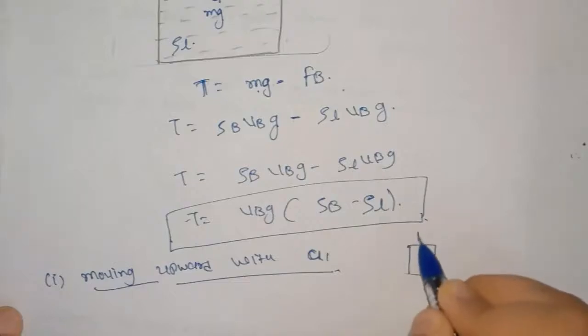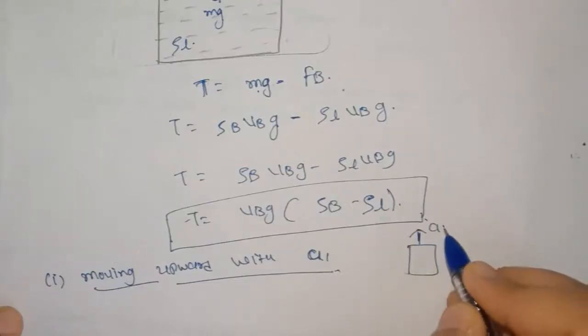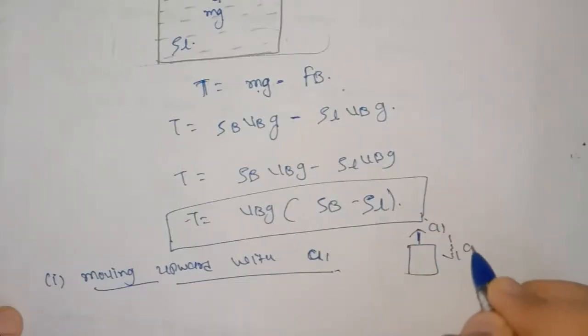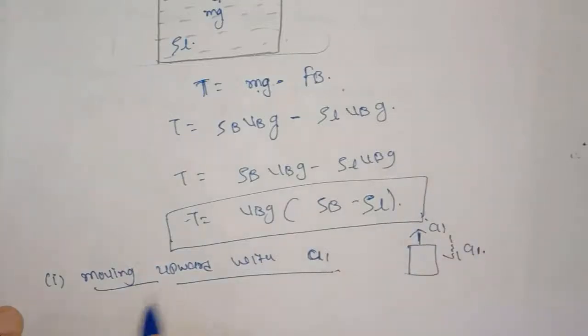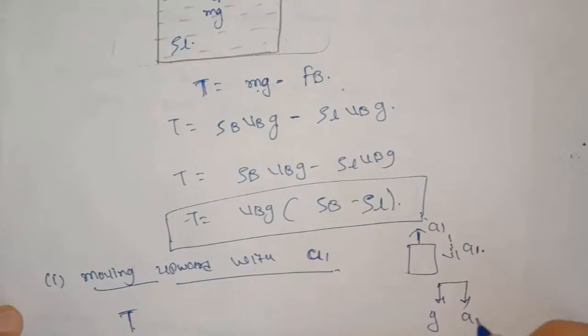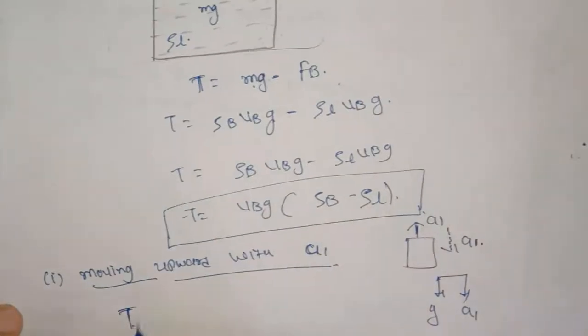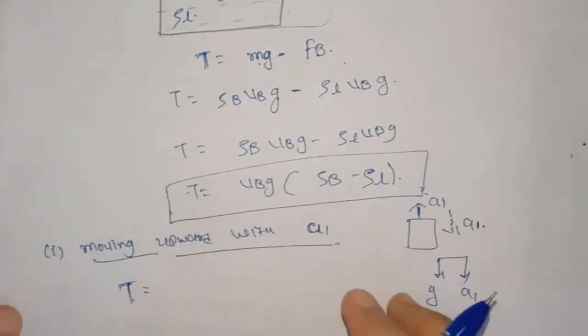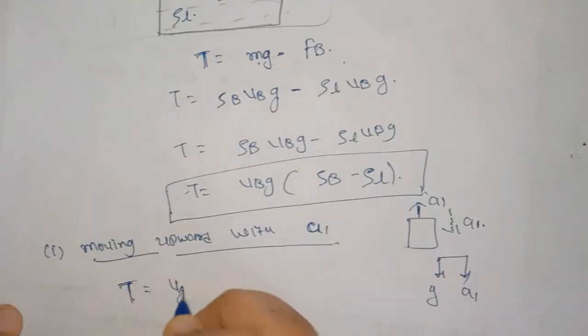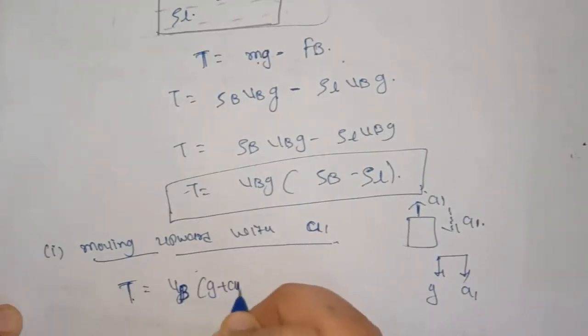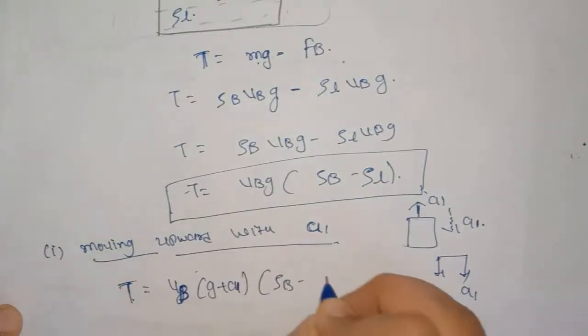The system is moving upward with acceleration a1, so we apply the same acceleration in the opposite direction. So the net acceleration in downward direction will be g plus a1. In that case, apparent weight or the tension will be V_B into g plus a1 into rho B minus rho L.